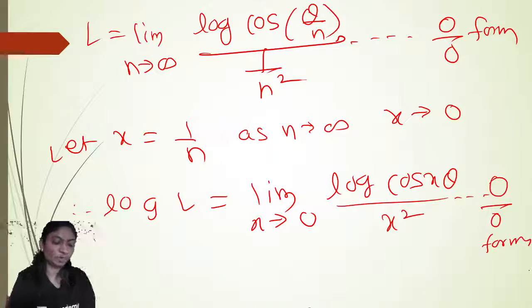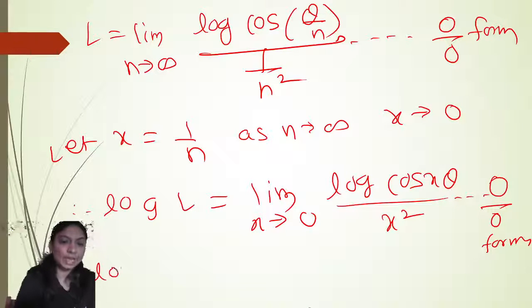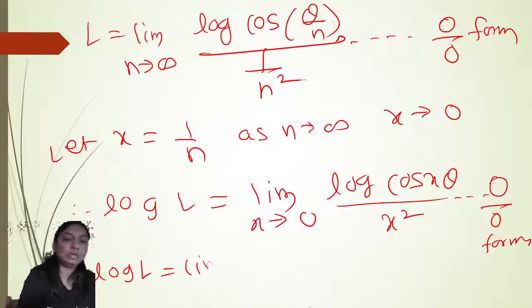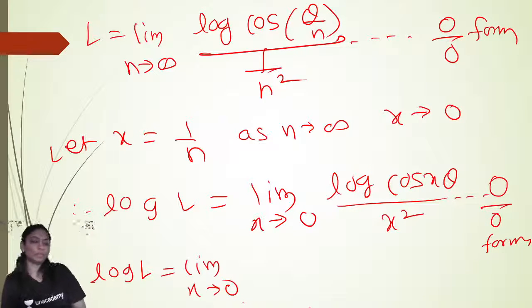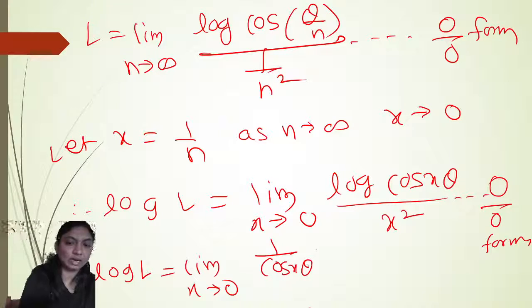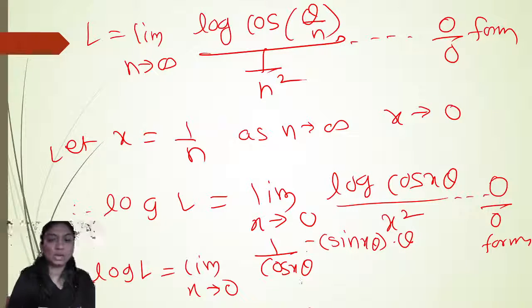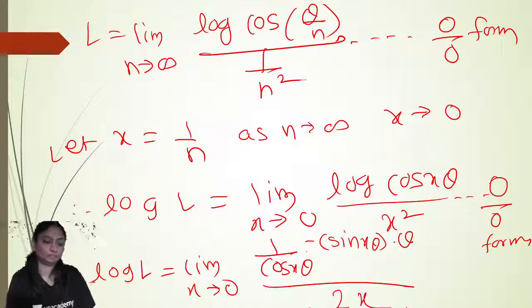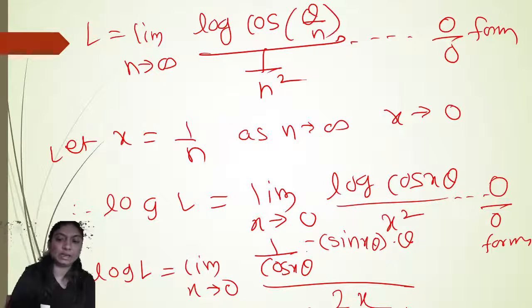So again using L'Hospital rule, log L is equal to limit as x tends to 0, 1 upon cos x theta into minus sin x theta into theta, right, upon 2x. So theta by 2 is constant.